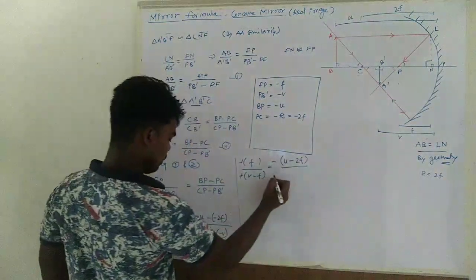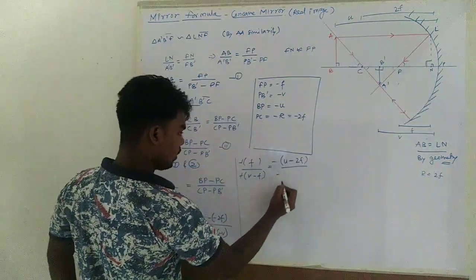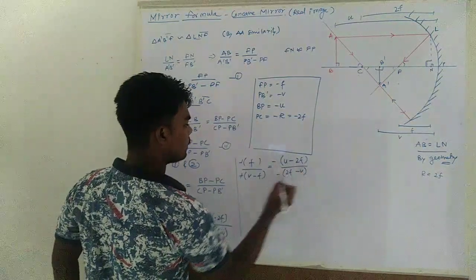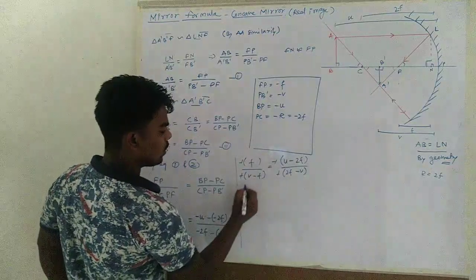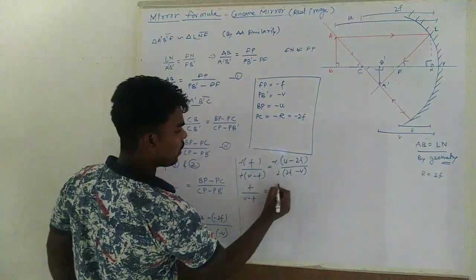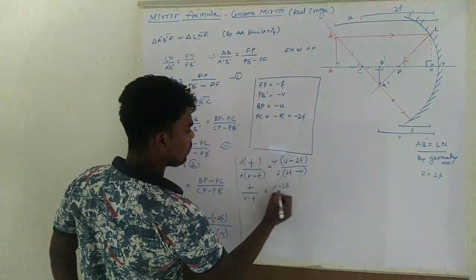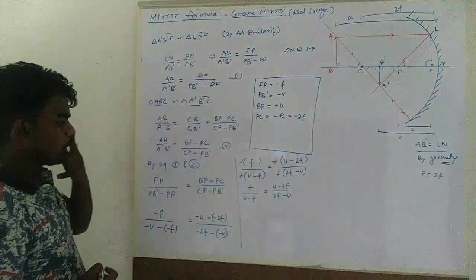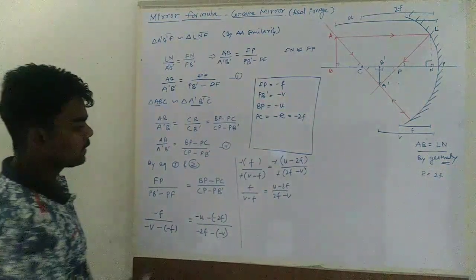From here also, if you take the negative sign, 2F minus V. This is cancelled. So you will get F upon V minus F equals U minus 2F upon 2F minus V. Now you just cross multiply it and see what is coming.